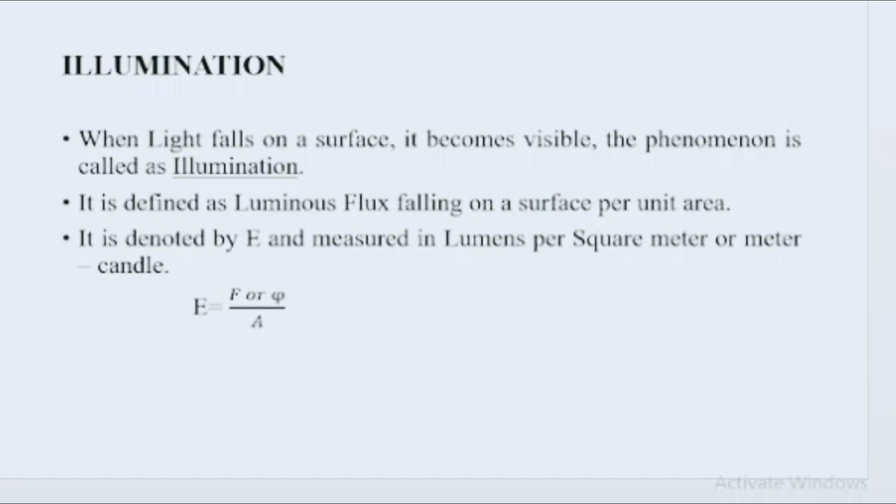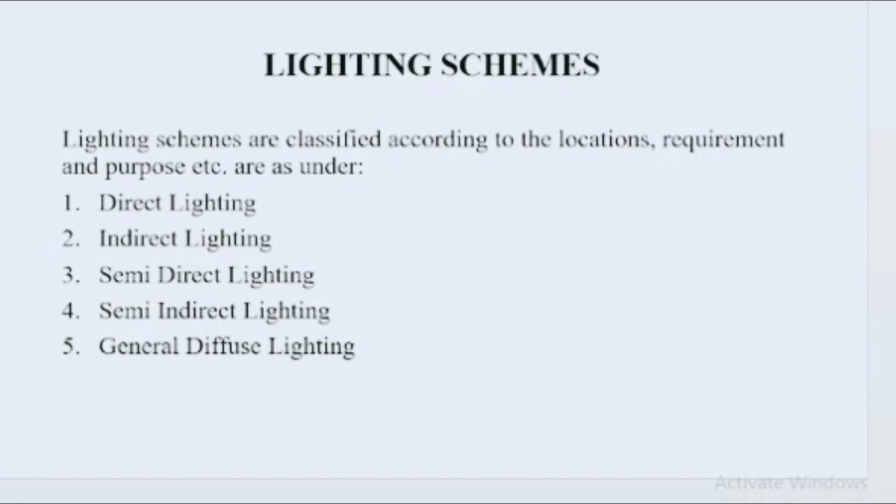Next is lighting schemes. Lighting scheme is how the lighting has been designed based on the requirements, based on the essentials. We are going to design lighting in different schemes. So basically we have 5 different lighting schemes.